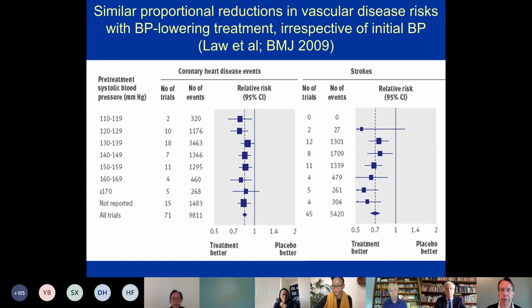So the same absolute reduction in blood pressure is not just associated with the same proportional lower risk, but is actually associated with the same reduction in risk. So now we're looking at intervention, irrespective of the starting level, for both coronary artery disease and strokes.